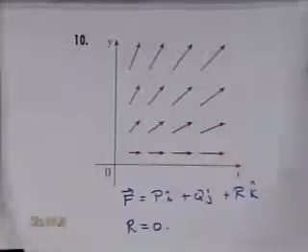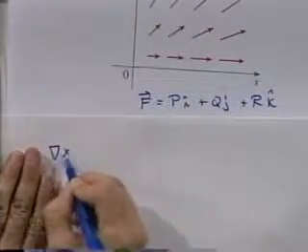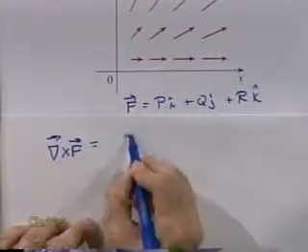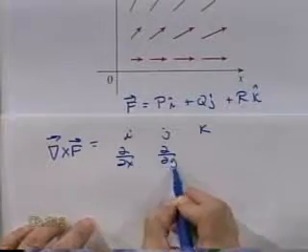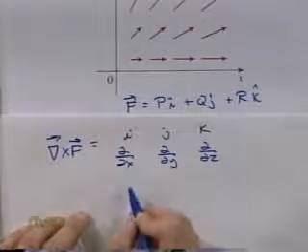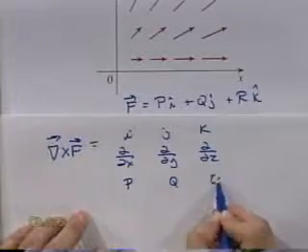Okay. All right, now let's do our curl. I think it's easier just to write the curl out for a second, because notice, life is very good here. To get your curl, del cross f, we have i, j, k, partial with respect to x, partial with respect to y, partial with respect to z, p, q, and for r I'm putting 0 because none of these vectors have a z component.